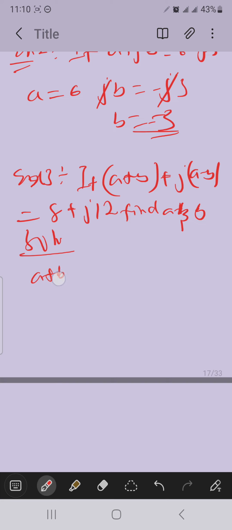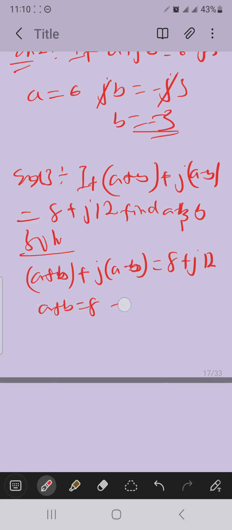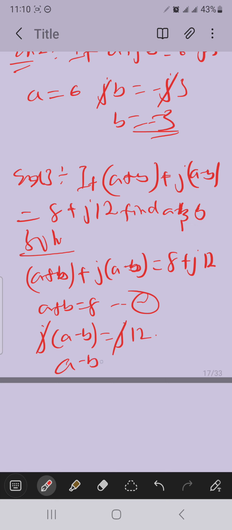A plus b plus j(a minus b) equals 8 plus 12j. So a plus b equals 8. This is equation 1. j(a minus b) equals j12. By comparing, a minus b, so this is minus, not plus. A minus b equals what? 12. So this is equation 2.